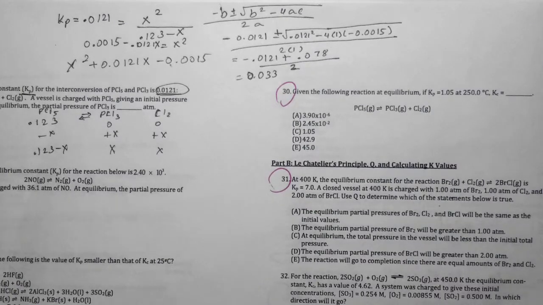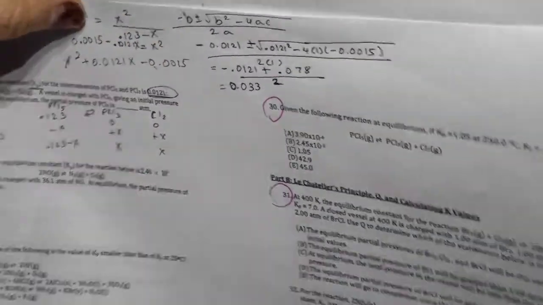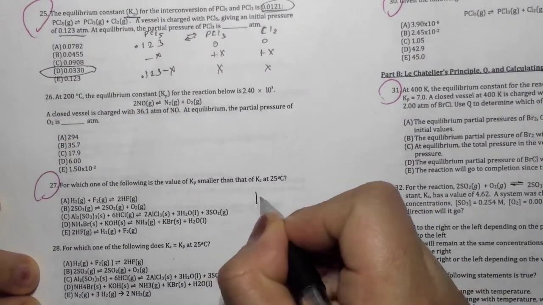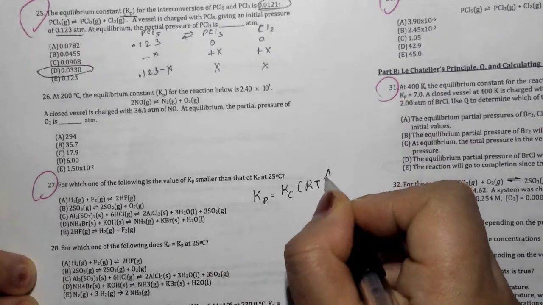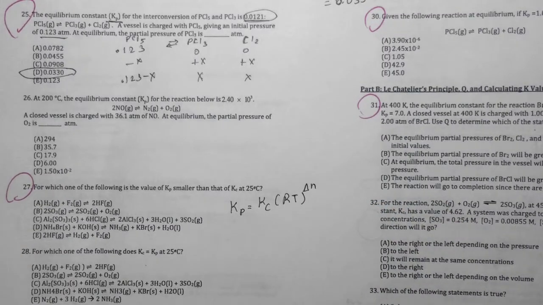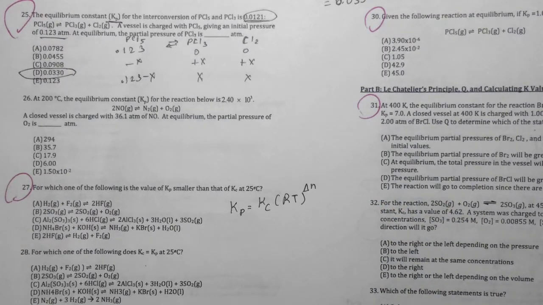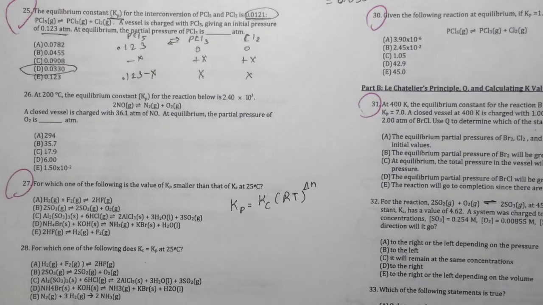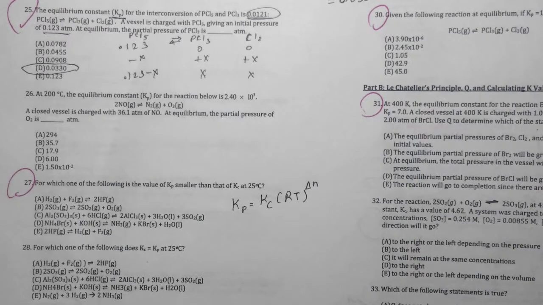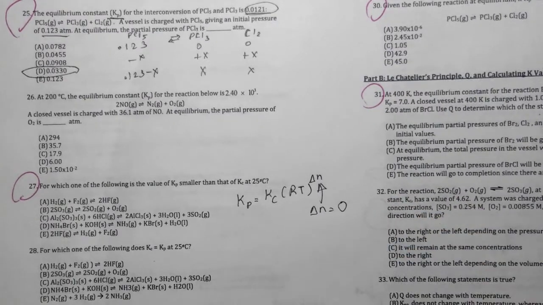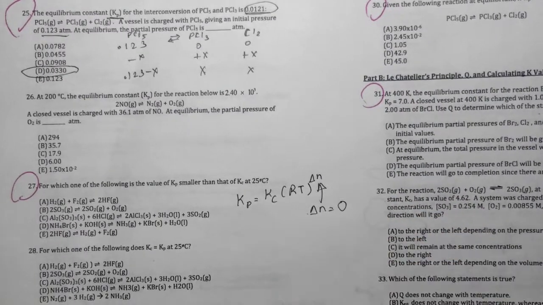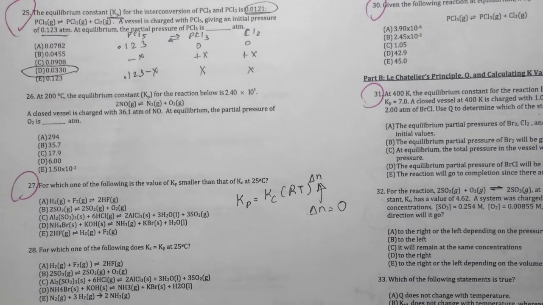So here Kp and Kc are the same, because delta n is equal to 0. Anything to the power 0 makes this whole thing 1. So when both sides have the same amount of gas, then they're equal.